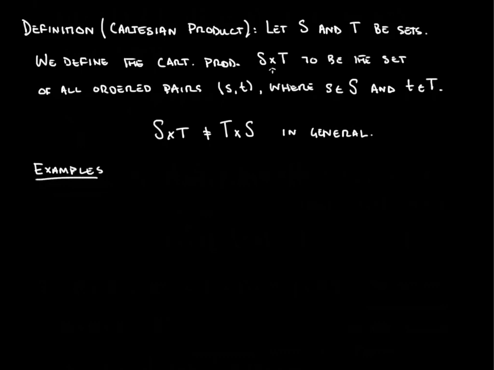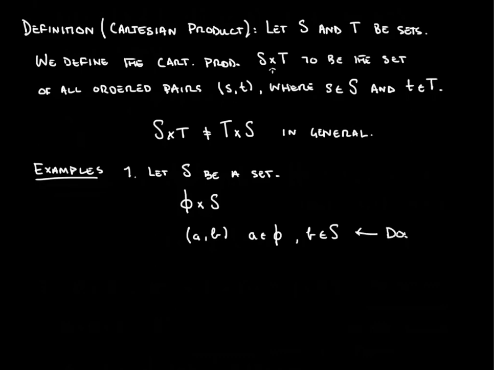Okay, so in our first example, we're going to consider the case where we have one of our sets to be empty. Let S be a set, and consider the empty set cross S. Well, I can't even form a pair, because you can't even form a pair (a, b) where a is an element of the empty set and b is an element of S. That right there does not exist.